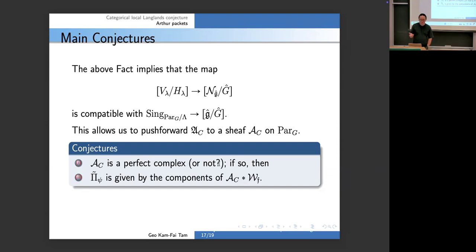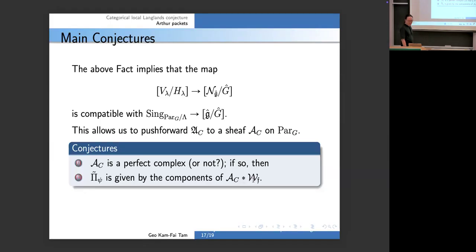I'm not sure. But if it is non-perfect, we can still extract the perfect part and I would think this perfect complex acting on the Whittaker sheaf gives the Arthur packet.